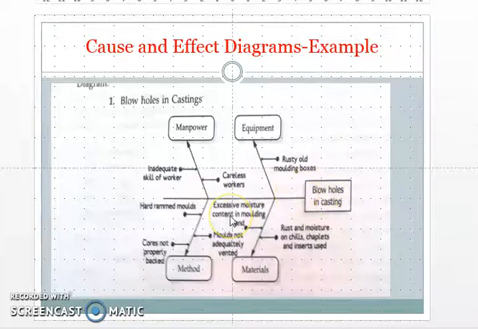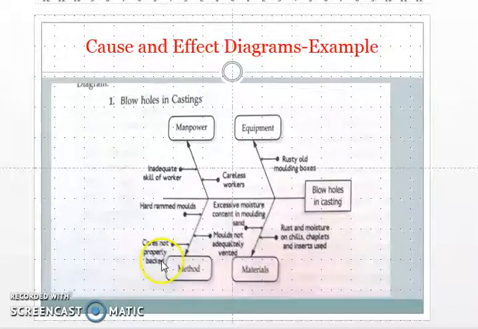In this way you have to identify the likely causes, identify the most probable causes and verify these causes. Here you can say there may be a problem in the method of the casting process. First, the cores not properly baked.